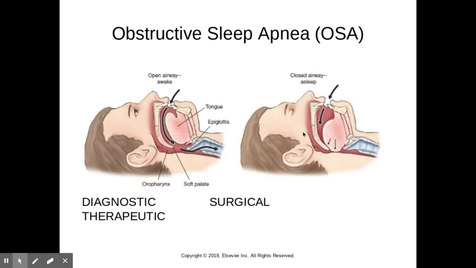But when someone has sleep apnea, you can see that the tongue will actually close and prevent air from getting to your body. People can actually pass out and die from the lack of oxygen because of this obstructive sleep apnea. Your organs will not get the oxygen that they need.